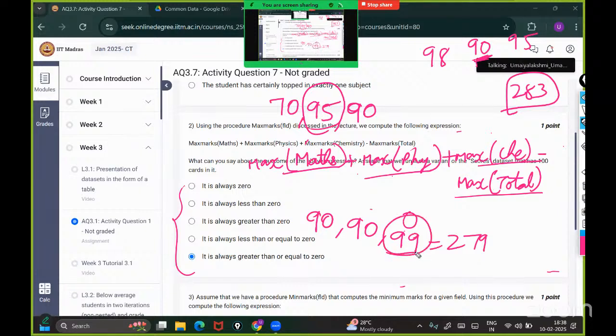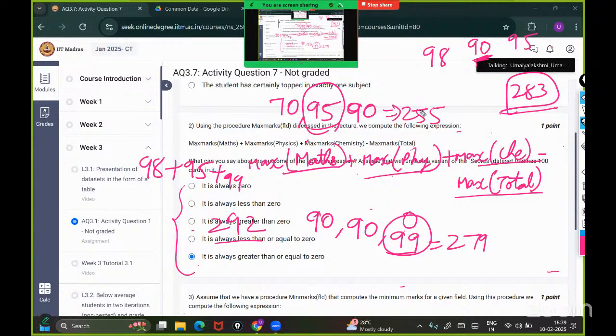Now totaling all this: physics highest is 98, maths highest is 95 and chemistry highest is 99, which means 292 is the total here. But what is the highest total score? 283 is the highest total so far. So, of course, it's greater than this, right? So we'll get the positive value. That's the thing.